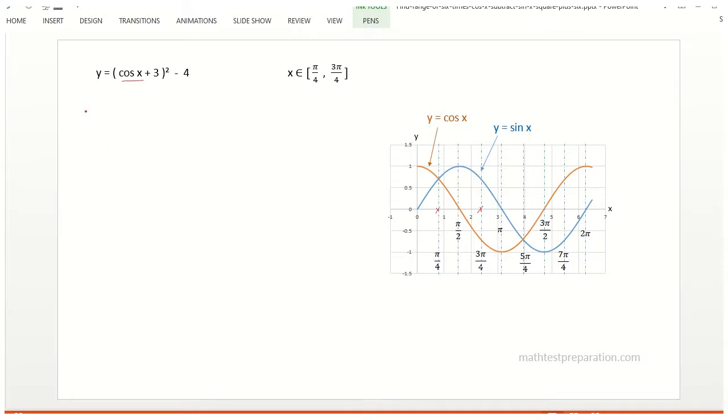So the maximum value of y is when x is quarter pi, which equals cosine quarter pi plus 3 squared subtract 4.